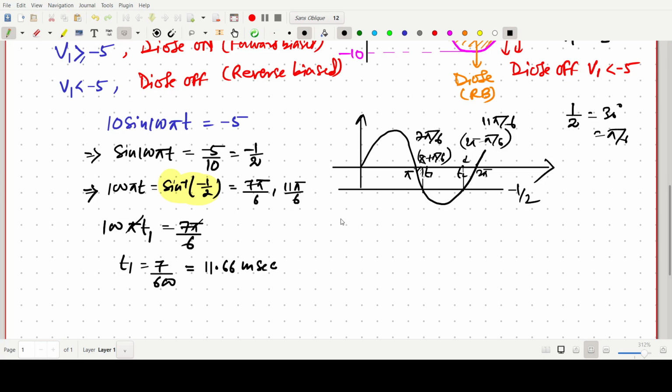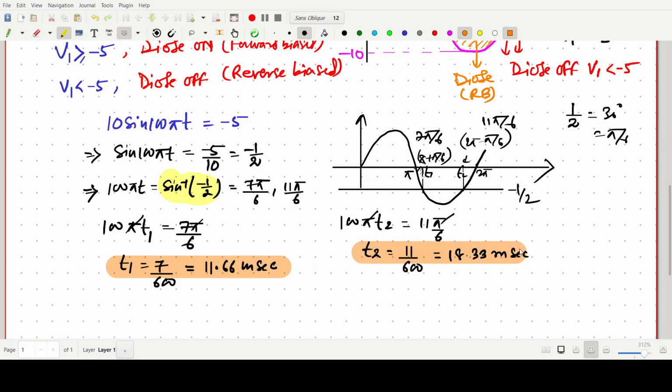Similarly, for the other point, 100 pi T2 equals 11 pi by 6. The pi cancels out, so T2 will be 11 by 600. If we solve 11 by 600, it will come to 18.33 milliseconds. This is the important result, the T1 value and T2 value.